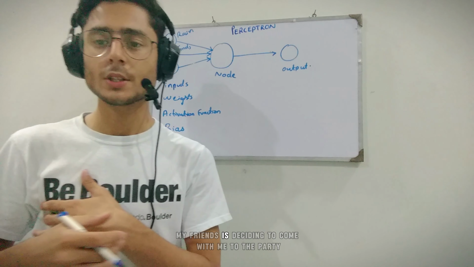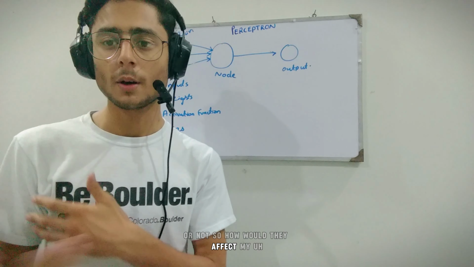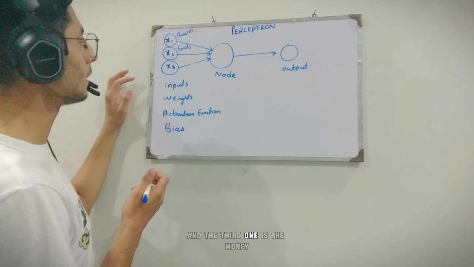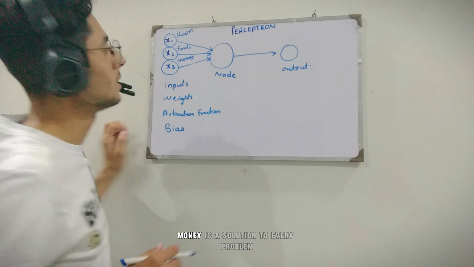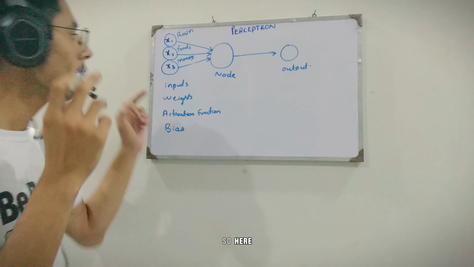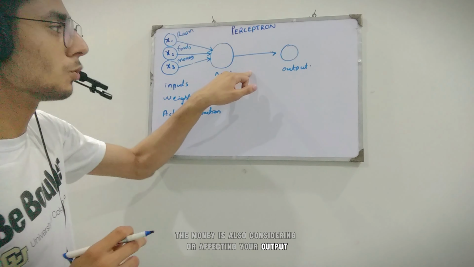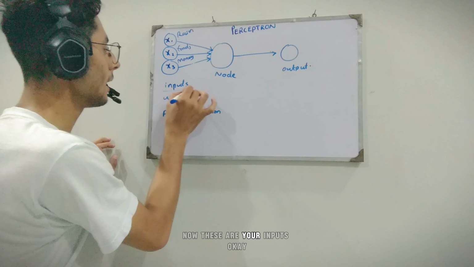Are my friends deciding to come with me to the party or not, and how would that affect my going? And the third one is money. Money is a solution to every problem, so money is also affecting your output, or going to the party. Now these are your inputs.